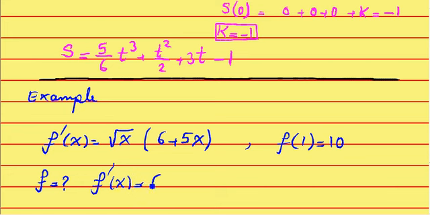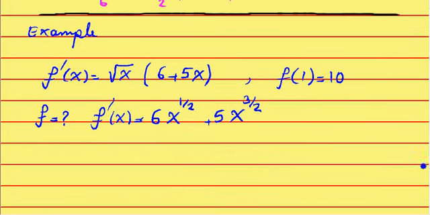To get myself ready, I also write it in exponent notation. So instead of radical x, I wrote x to the power of 1/2, plus 5x to the power of 1/2 plus 1, that's 3/2. So the trick here simply was to do the algebra first. If you can do it first, then go ahead and proceed and do whatever you want to do.